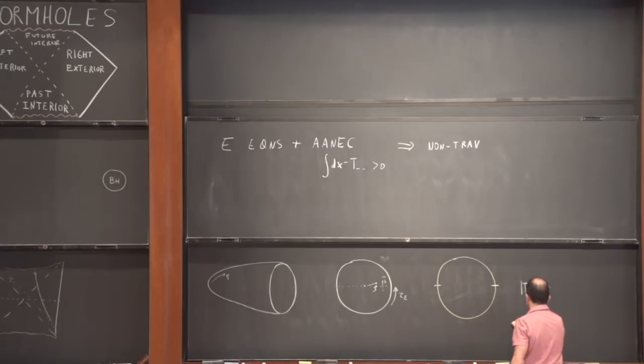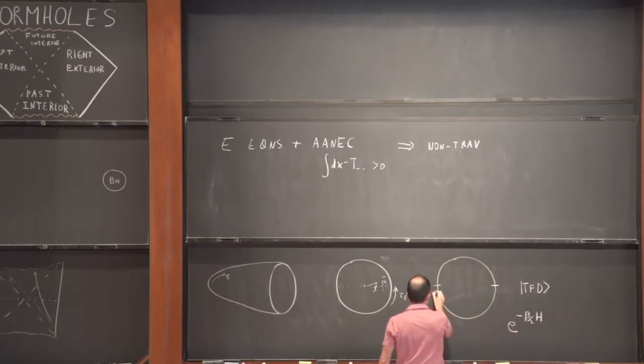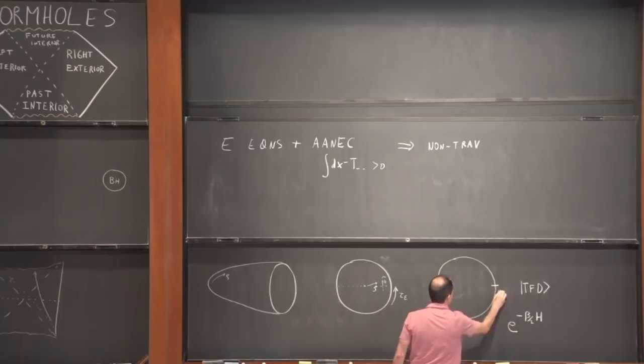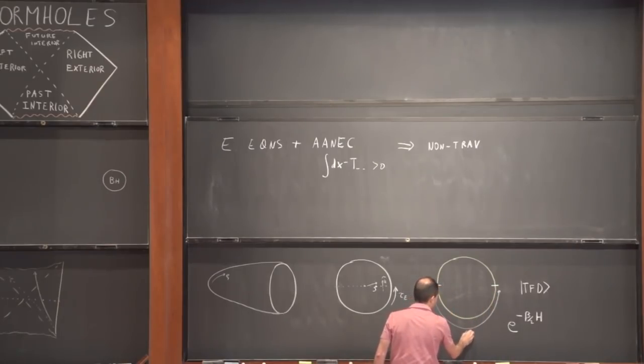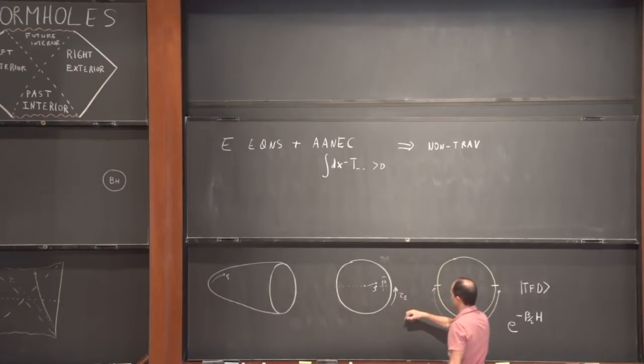So let's say you start from the state e to the minus beta over 2 H. So H is the full Hamiltonian of the boundary theory. So this distance here in Euclidean time is beta over 2, so half of the period of the whole circle here.